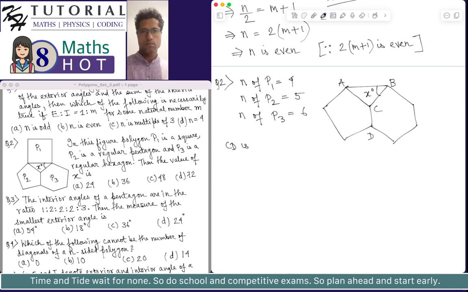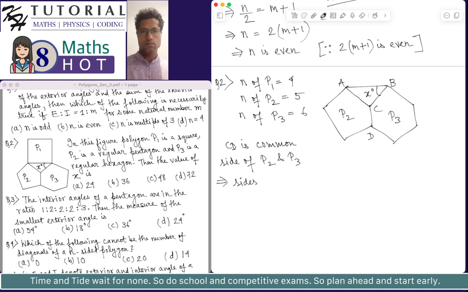CD is a common side of, so this was polygon P2, this was polygon P3, a common side of P2 and P3.